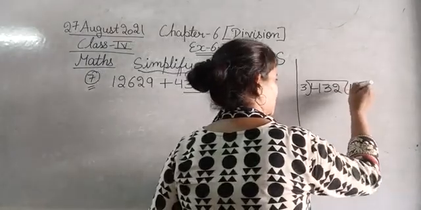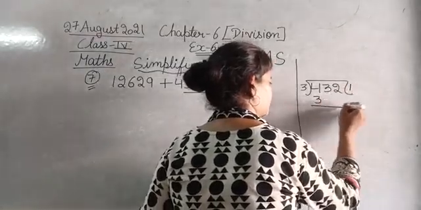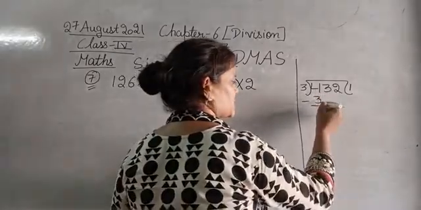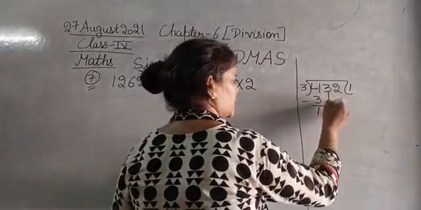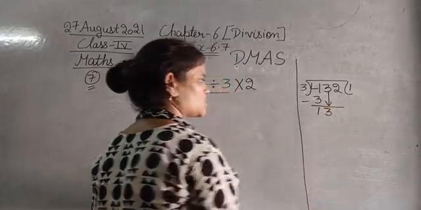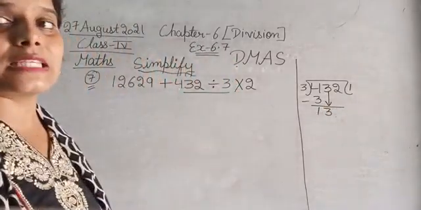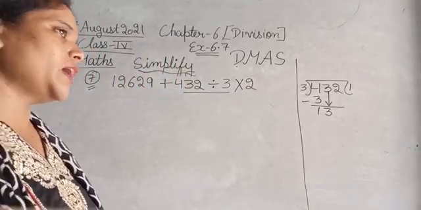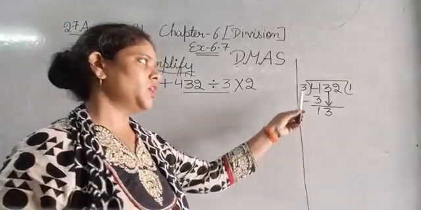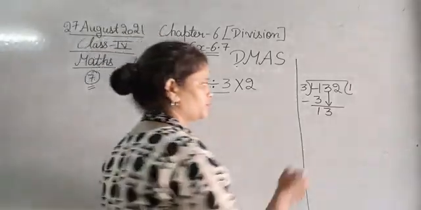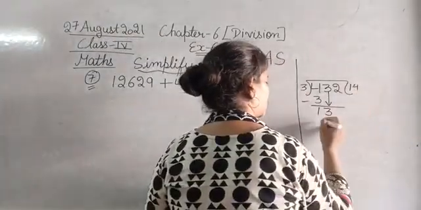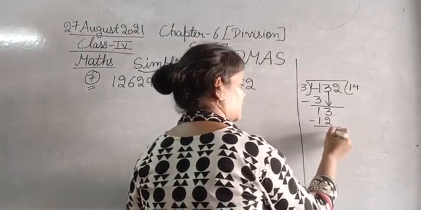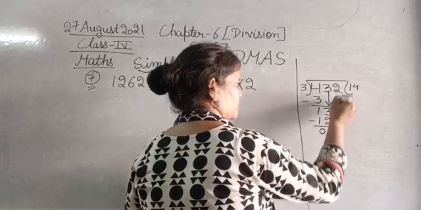So 3 ones are 3. 4 minus 3, 1. Bring down the next number, that is also 3. The number is 13. So we have to divide 13 with 3. So 3 fours are 12. 13 minus 12, 1.